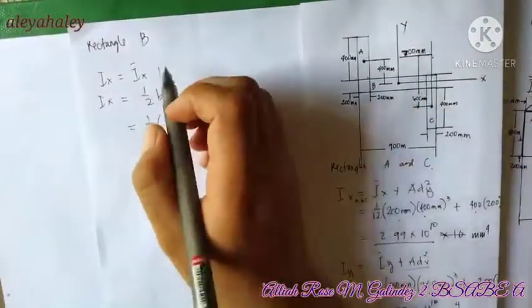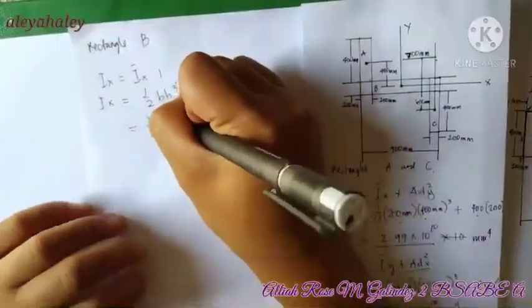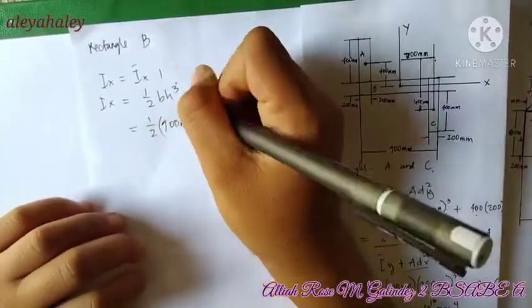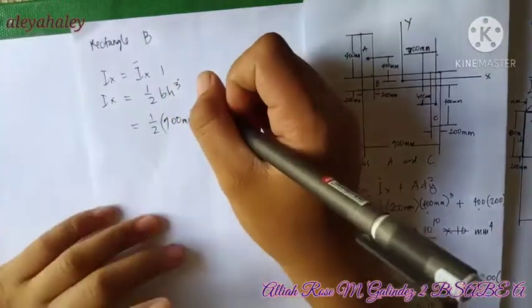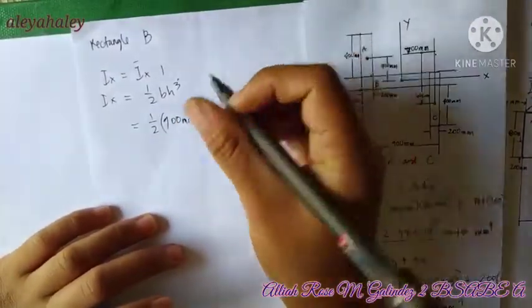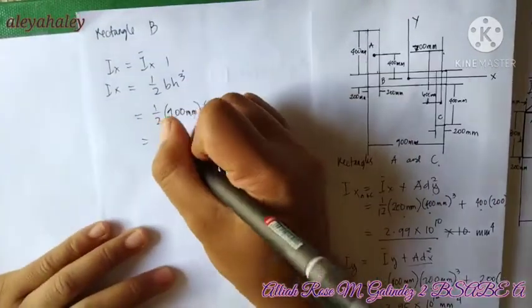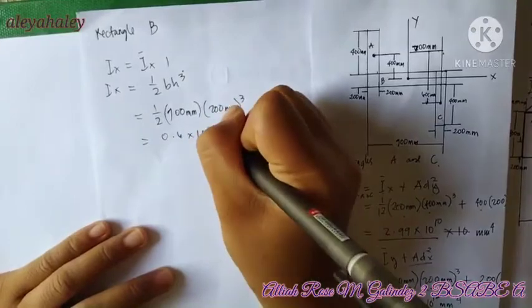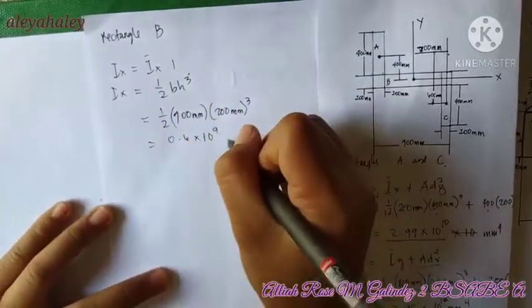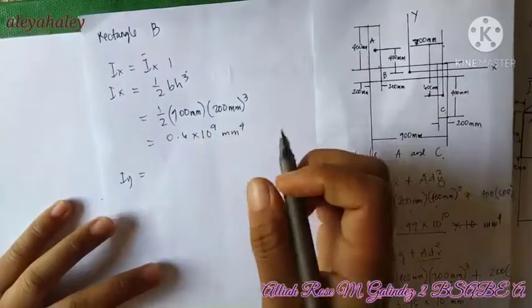Our base is 900 millimeters times height. We have the height 200 millimeters cubed. So resulting to 0.6 times 10 raised to the power of 9 millimeters to the fourth.